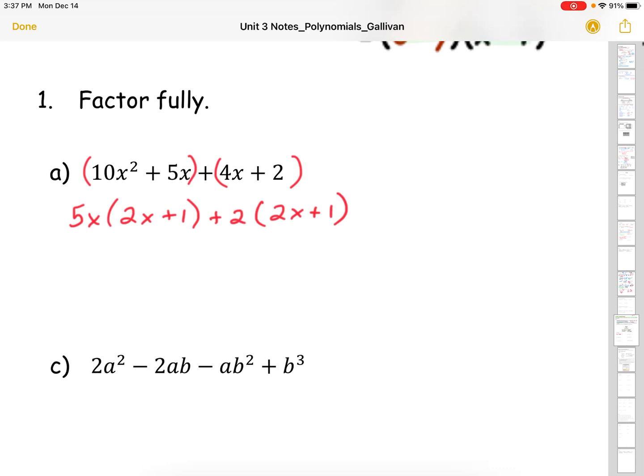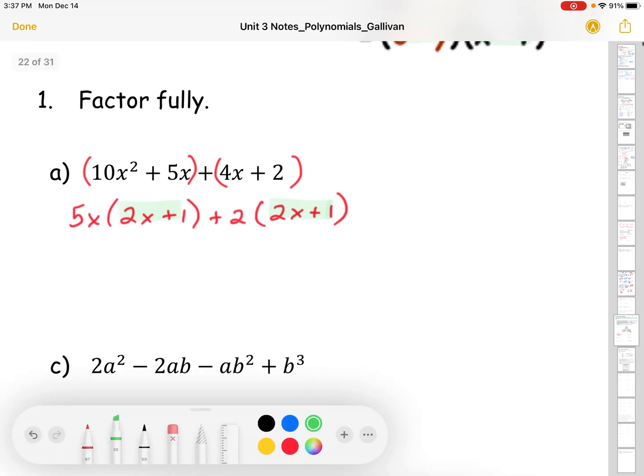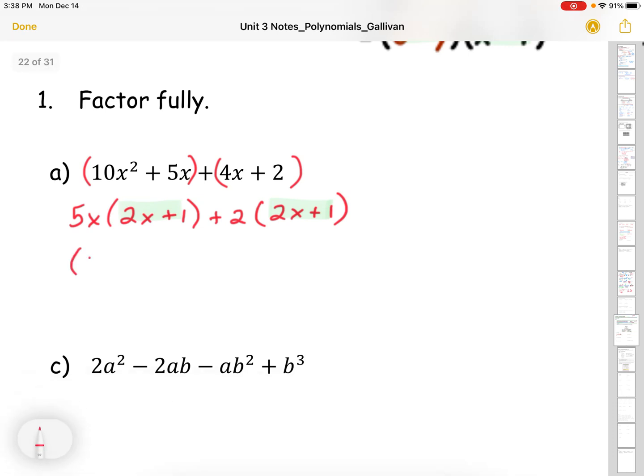Now, what I see there when I'm looking at it is that I have the same binomial in the bracket. So basically, 2x plus 1 is a factor of both of those. So I'm going to factor out the 2x plus 1.